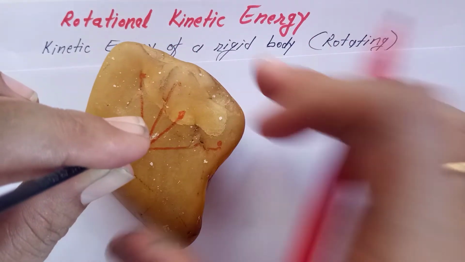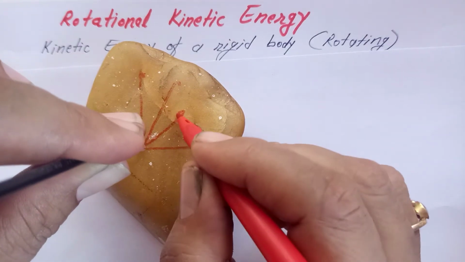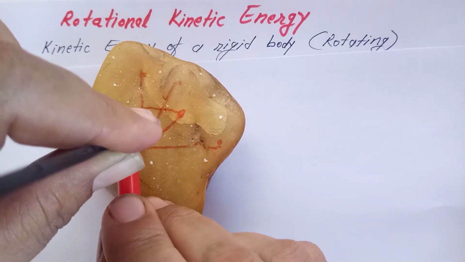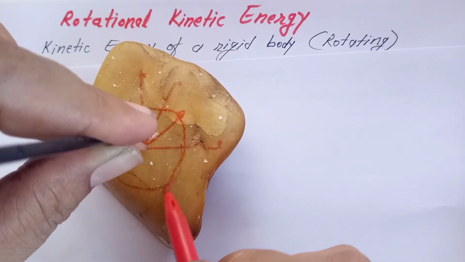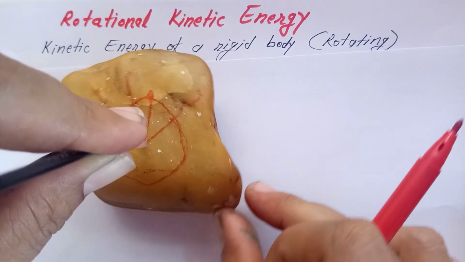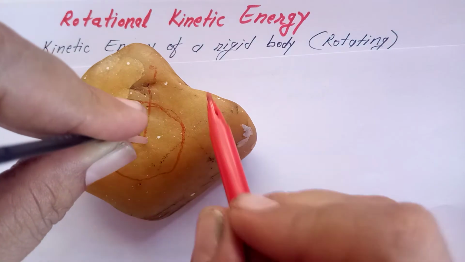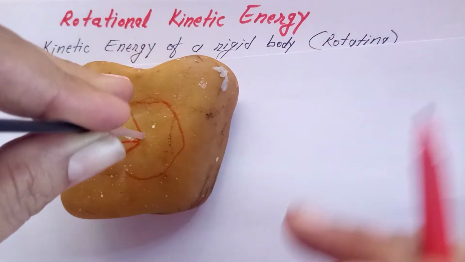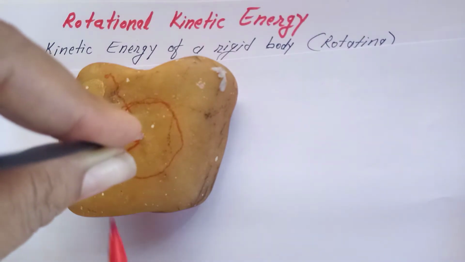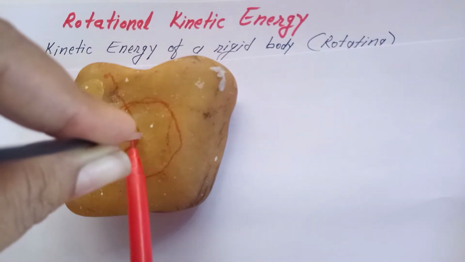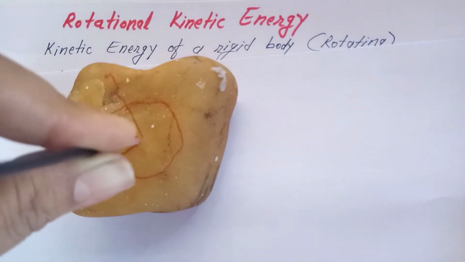When the body rotates, every particle will perform uniform circular motion, because the body is rotating with constant angular velocity. The particle will perform UCM, uniform circular motion, with radius as the distance from the axis of rotation.